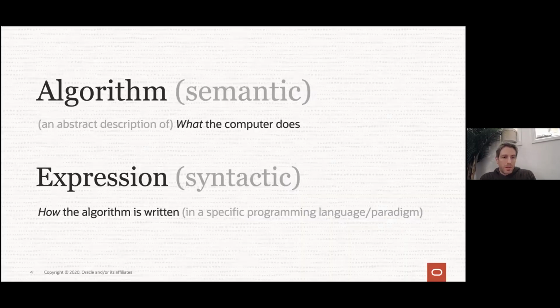The semantic perspective looks at the algorithm, what it is that we're trying to do. And we could talk about concurrency that way. The syntactic perspective looks at how we express what we want to do in a language, and concurrency can also be described in that way, and the two definitions aren't equivalent.